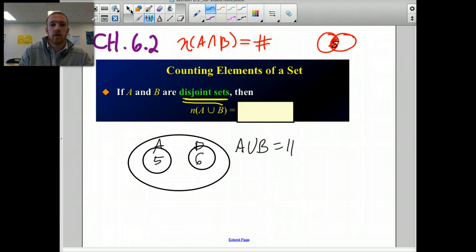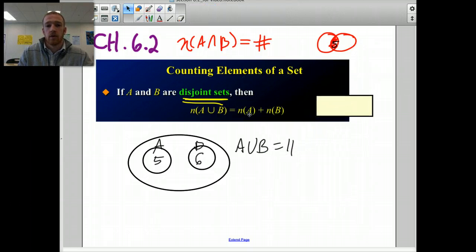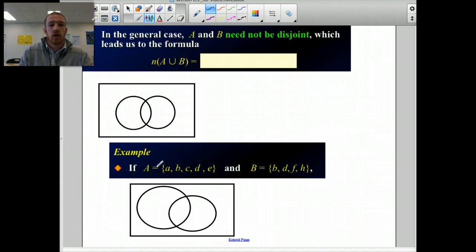Pretty easy. I actually wrote that a little incorrectly: the number of things in A union B equals 11. Piece of cake. So now, what if they're not disjoint?